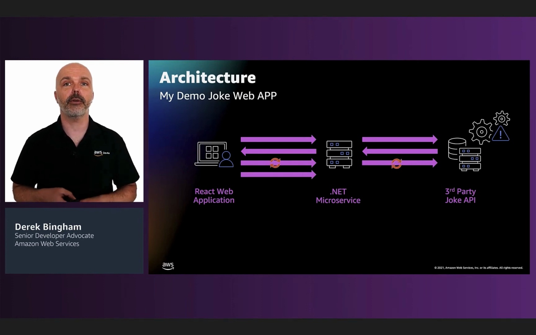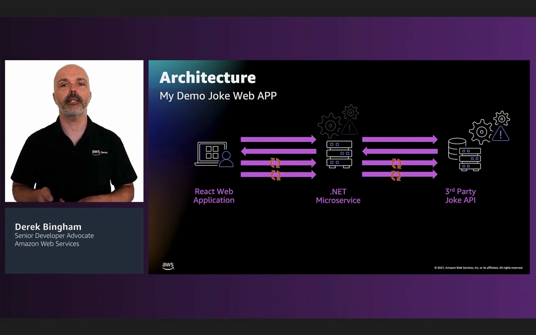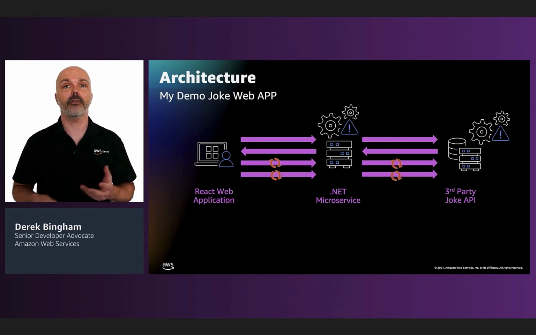So another React web application could possibly make another request, which my .NET microservice would proxy, and that request would wait as well. And then that pattern could be repeated until my .NET microservice itself is overloaded, as all these requests come through and they're all waiting.